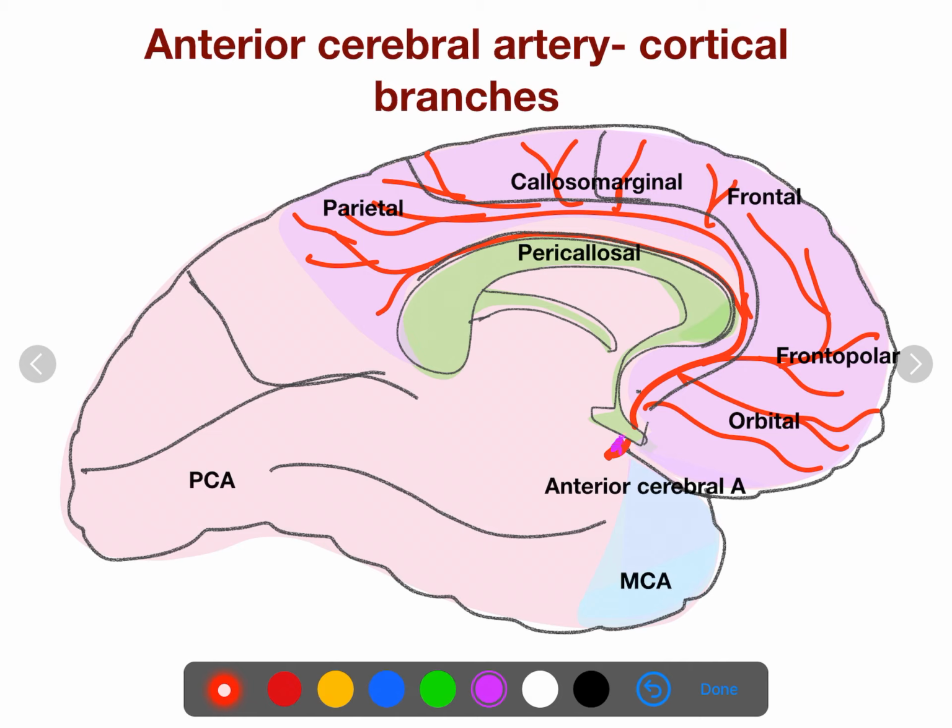The cortical branches over the medial side are the orbital, frontopolar and frontal branches, then the pericallosal branch along the convexity of the corpus callosum, then the callosomarginal branch along the cingulate sulcus, and in the posterior aspect it gives out parietal branches. These are the cortical branches of the anterior cerebral artery.